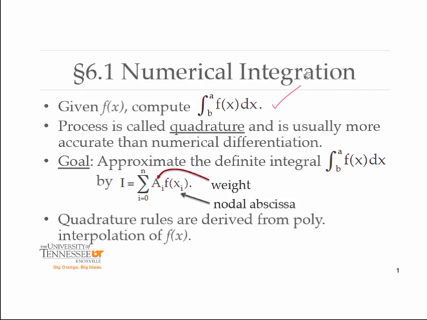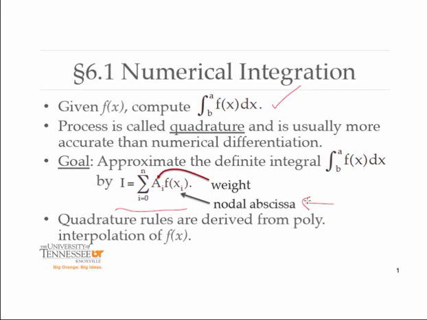The approach that we use to define quadrature rules is basically a summation like this. I there, the capital letter I, represents our integral approximation, and it's basically formed from the sum of evaluations of the function f, which may or may not be explicitly known, at certain points indicated by x sub i running from 0 to n, so we have n plus 1 of them. Those are called nodal abscissas, as indicated by this term here.